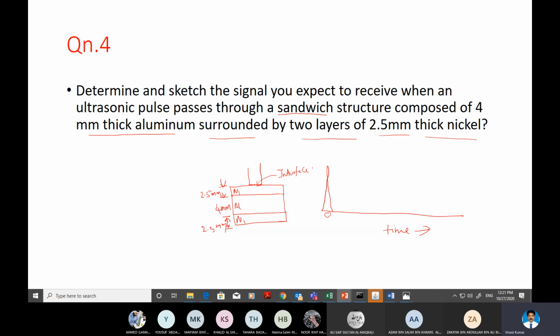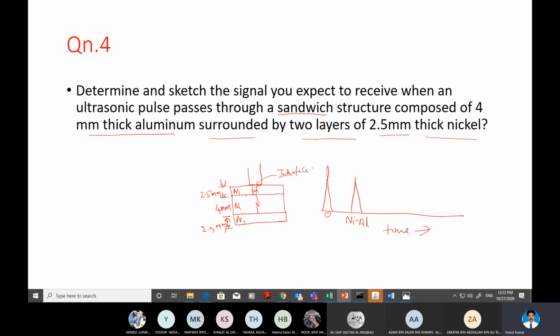When ultrasonic waves travel, some reflect here itself. That is the first one. But when it travels, it hits the nickel aluminium interface, and some part will come back and some part will proceed. If it comes back, you will get a signal here. That signal is from the nickel aluminium interface.